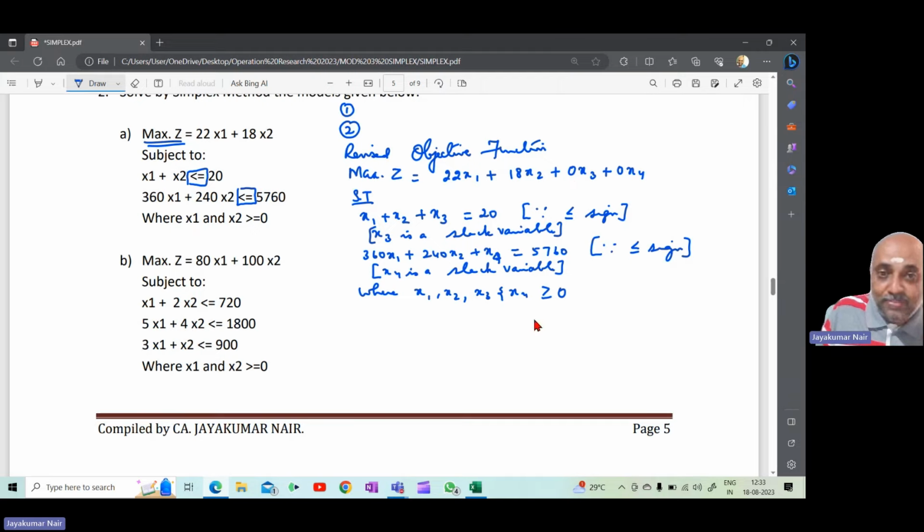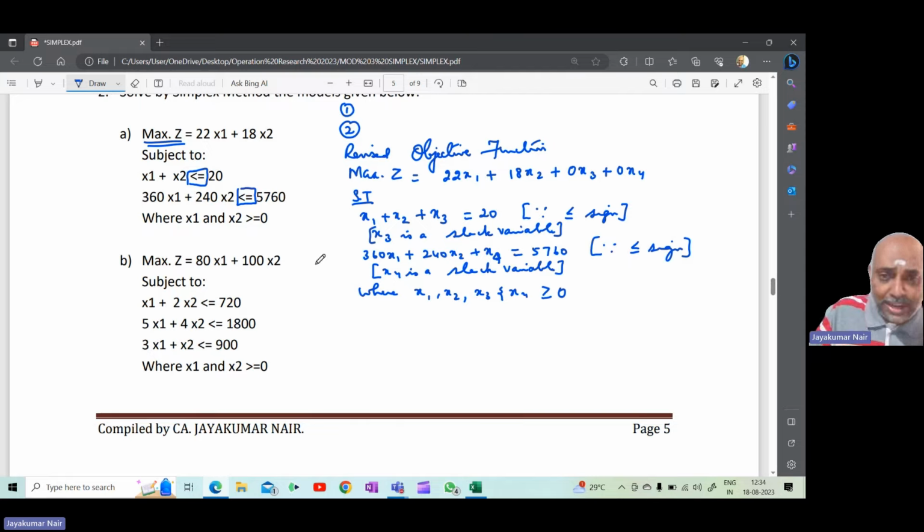So this is the second step. First one, we check whether the constraints are in tune with the objective function. If it is a maximization problem, at least one constraint should have less than or equal to sign.